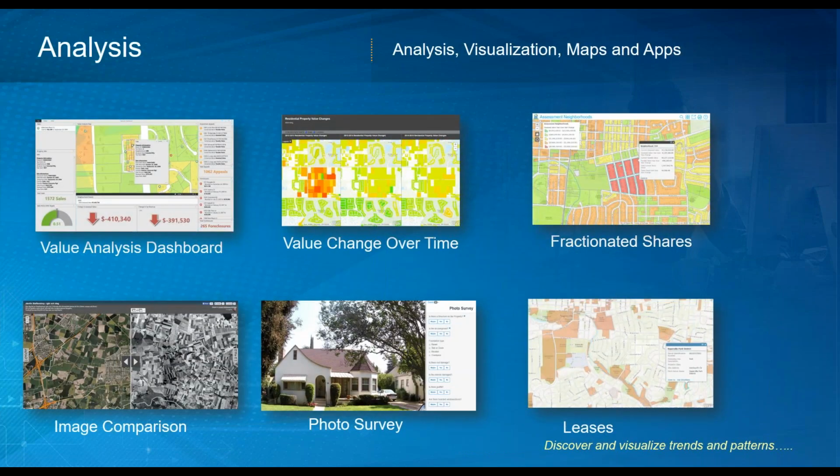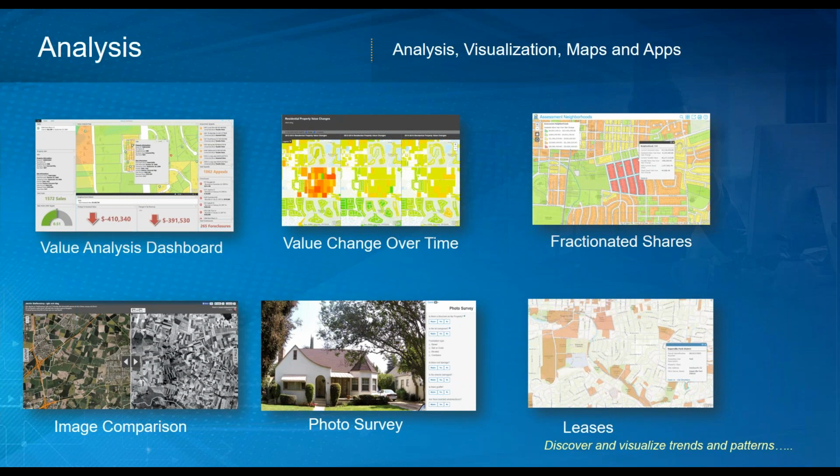For analysis, again, there's a suite of maps and apps to allow you to analyze and visualize that data, that system of record. Things like being able to use dashboards to see the value of the properties on the reservation, see how those values change over time.